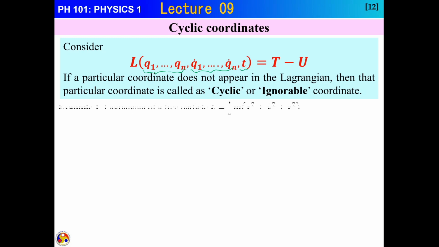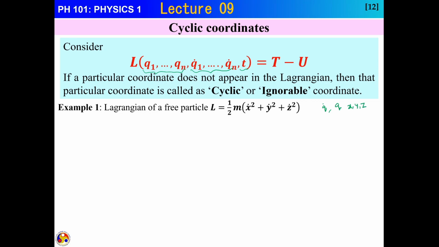If I consider the Lagrangian of a free particle, L can be written as one half m times x dot square plus y dot square plus z dot square. In this situation, you see that the Lagrangian is dependent on q dot, not q, which means it is not dependent on x, y, z.